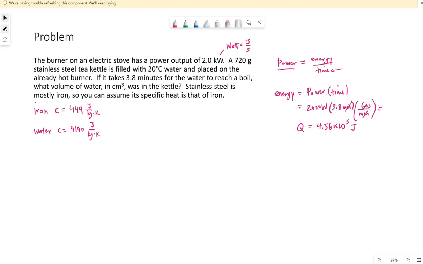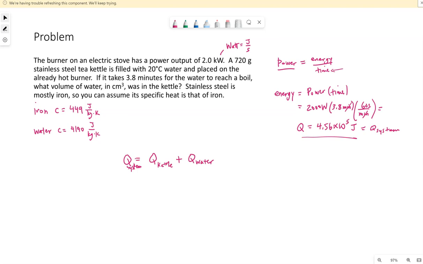We know we have this water in this tea kettle. All of that energy is being shared and put into the kettle and the water. So we can essentially say this is our Q of the system, and this energy is going into both the kettle and the water.